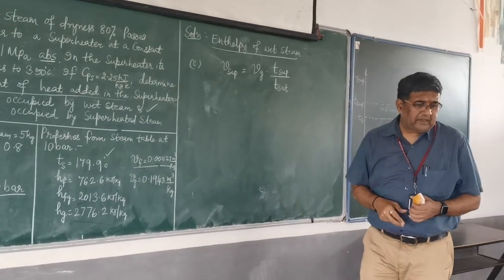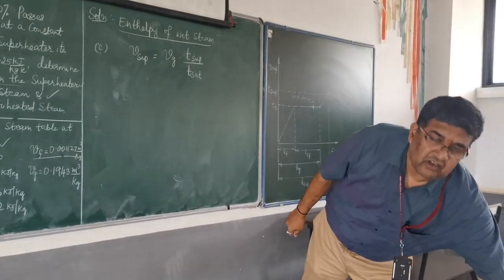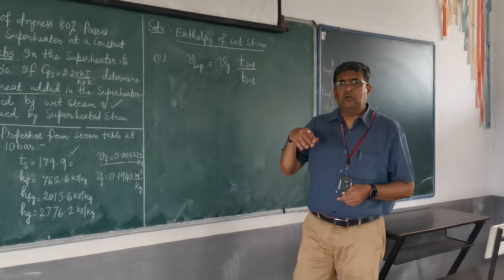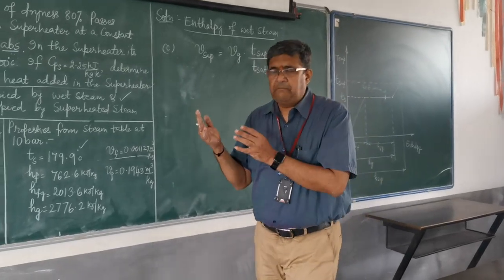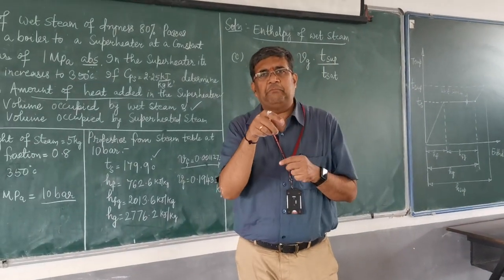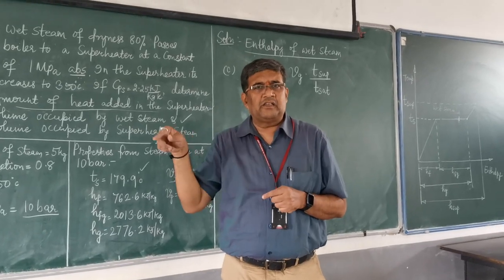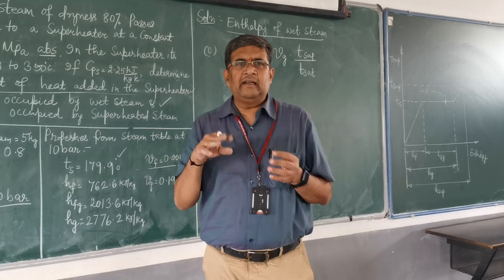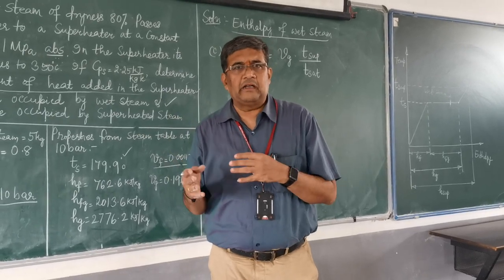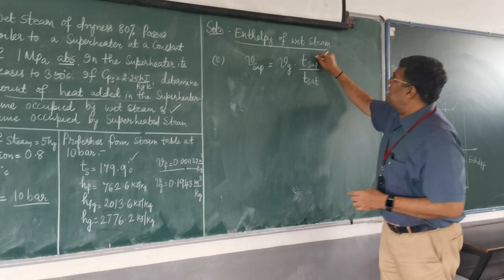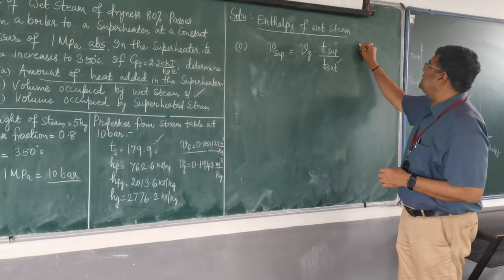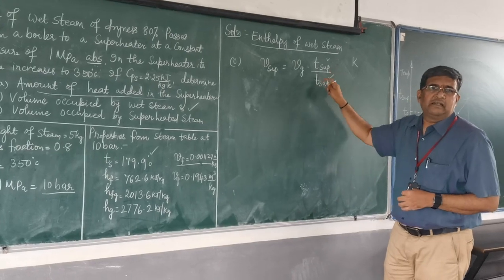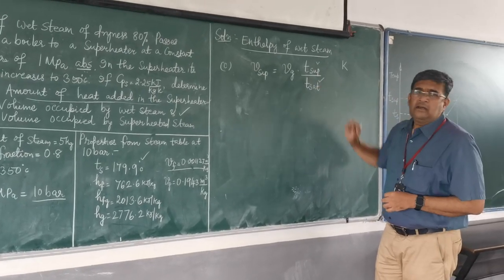The care that needs to be taken, even in my PowerPoint, I have mentioned it carefully. When we are finding out the enthalpy of superheated steam, we write that equation as Cp inside bracket T super minus T. There, regular temperature can be taken because addition and subtraction of 273 happens automatically. But here, these values have to be in Kelvin only. You cannot take the values in degree centigrade. So you have to take it in Kelvin.